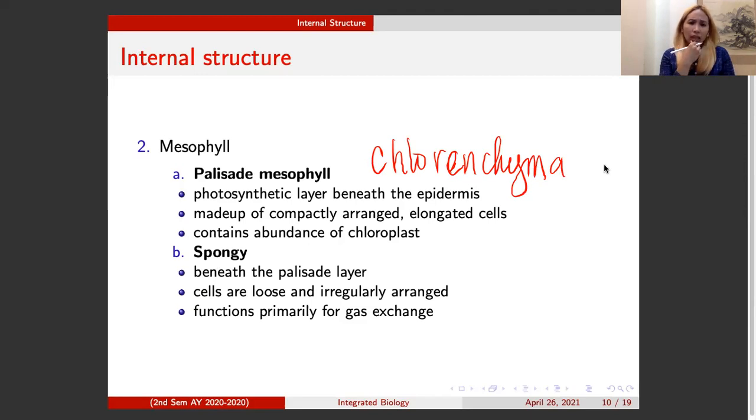Now, in contrast to the palisade mesophyll, which is highly compact in nature, the cells of the spongy mesophyll are highly loose.